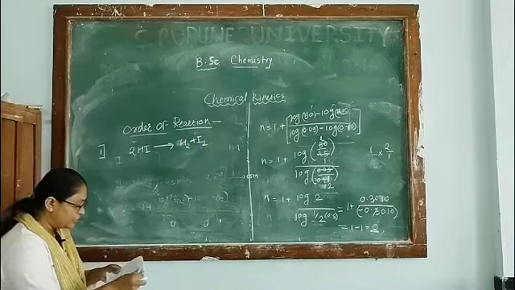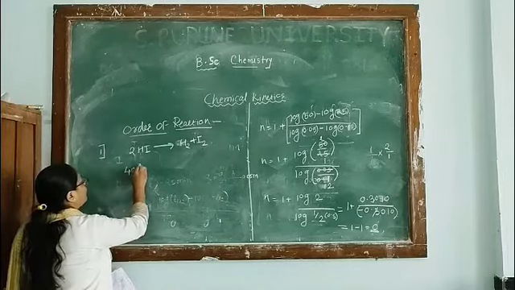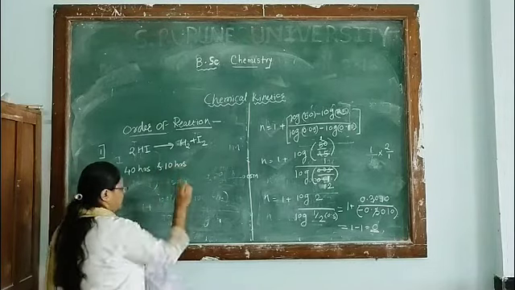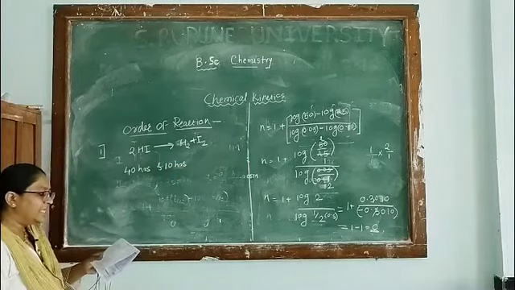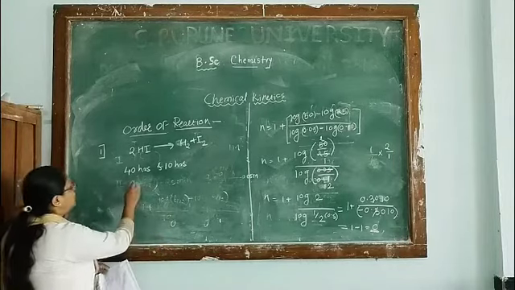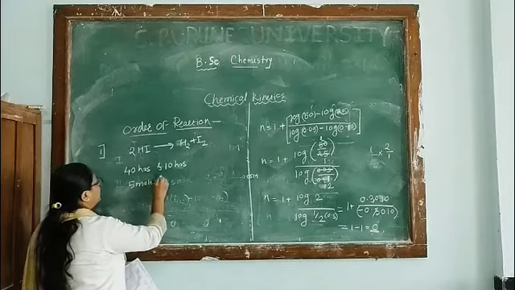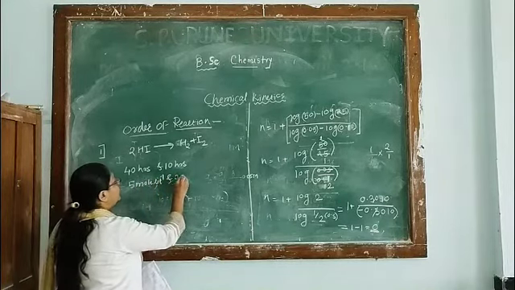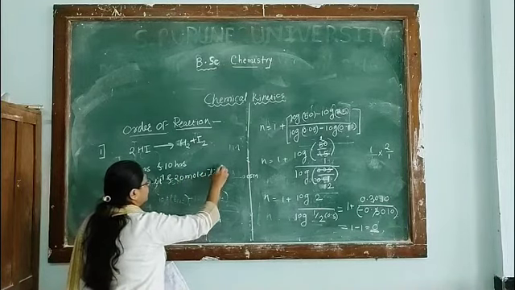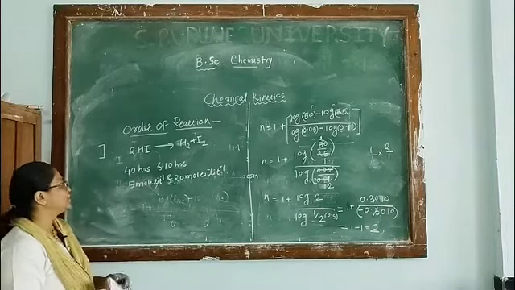For this reaction, the half-life periods are 40 hours and 10 hours, when the initial concentrations of hydrogen iodide are 5 moles per liter and 20 moles per liter. So determine the order of this reaction.